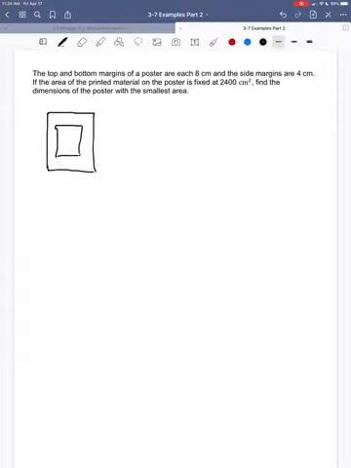The top and bottom margins are 8 centimeters, so this distance is 8 and this distance is 8, whereas this distance is 4 and this distance is 4. Those are my margins. So I've got 8 on the top and bottom and 4 on each side.